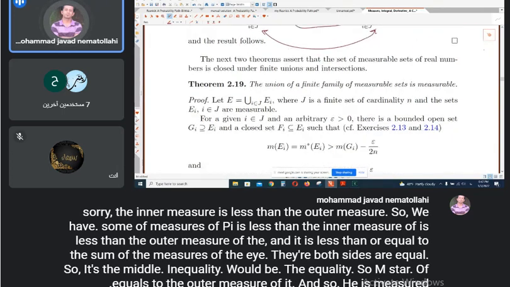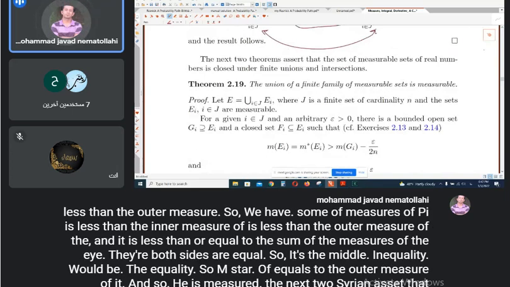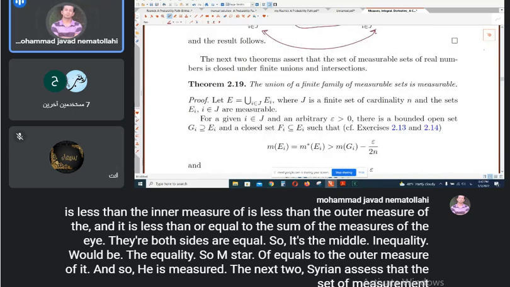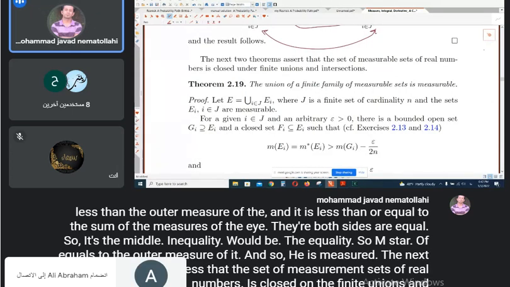The next two theorems assert that the set of measurable sets of real numbers is closed under finite unions and intersections. Okay.